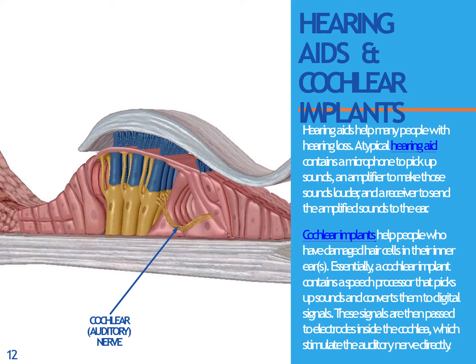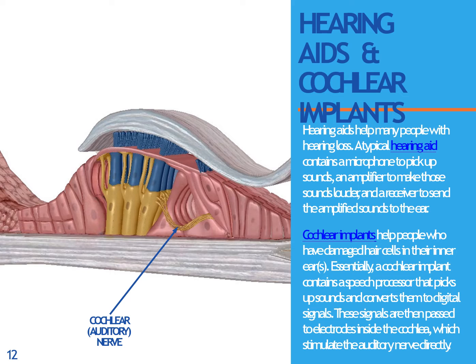Now let's discuss hearing aids and cochlear implants. Hearing aids may help many people with hearing loss. A typical hearing aid contains a microphone to pick up sounds, an amplifier to make those sounds louder, and a receiver to send the amplified sounds to the ear.